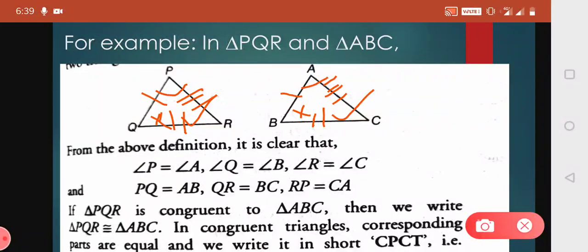So all the three angles are equal to the corresponding three angles of the other triangle. Similarly, all the three sides of one triangle are equal to the corresponding sides of the other triangle.